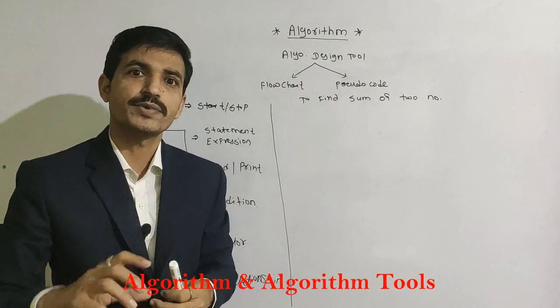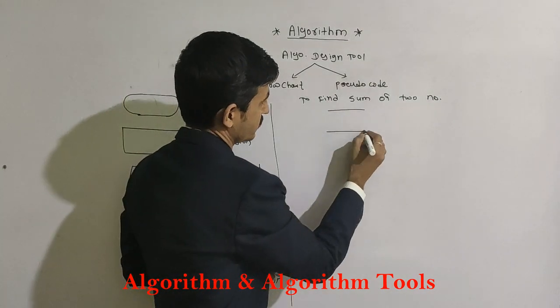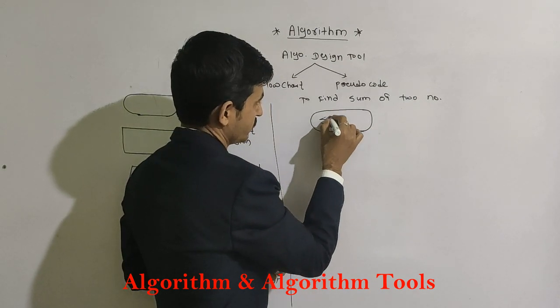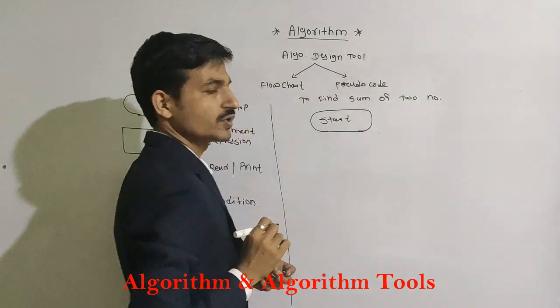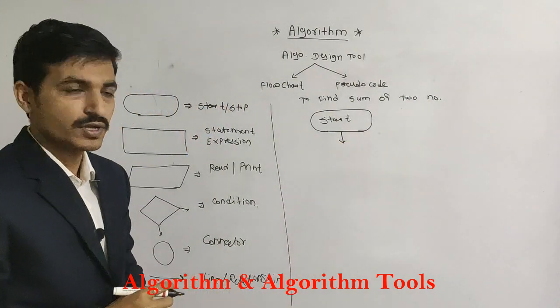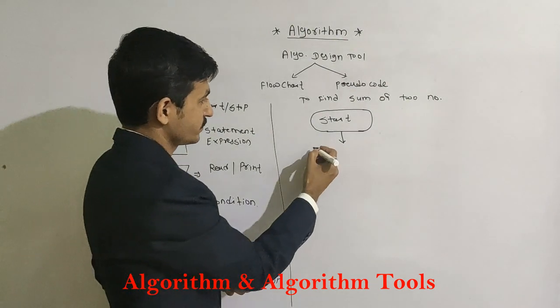Now we have to convert those steps into a flowchart. The first step in the flowchart should be the starting point. So it's a start. Then we have to read the numbers. To read the numbers, we have to use a parallelogram.